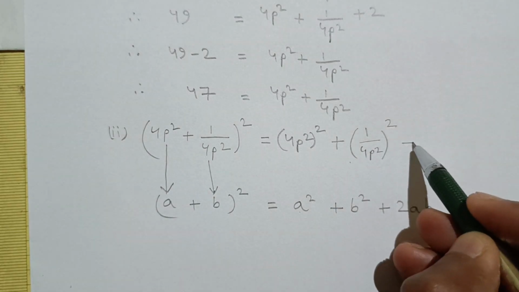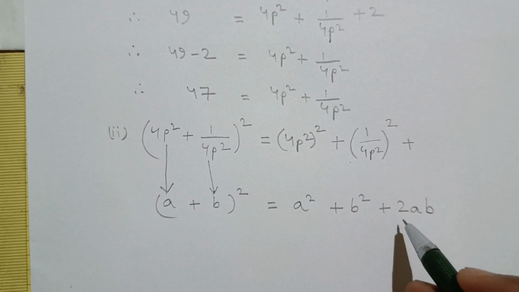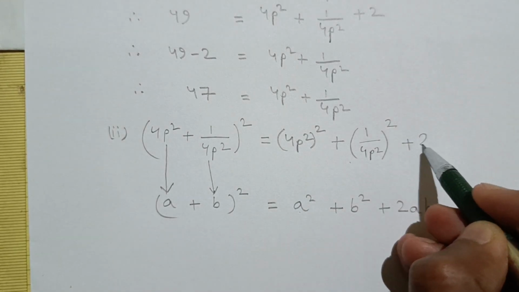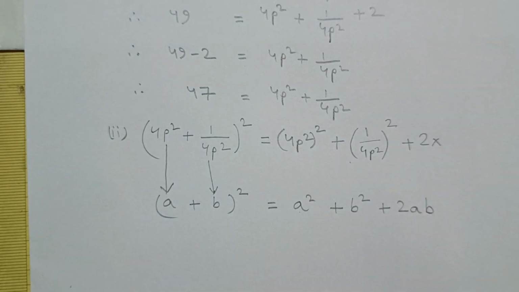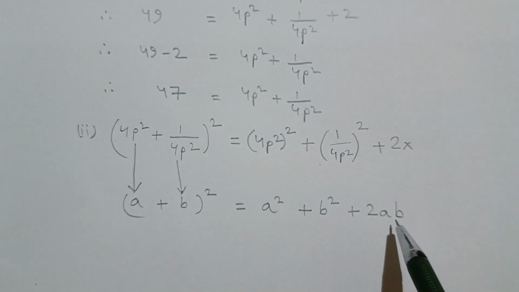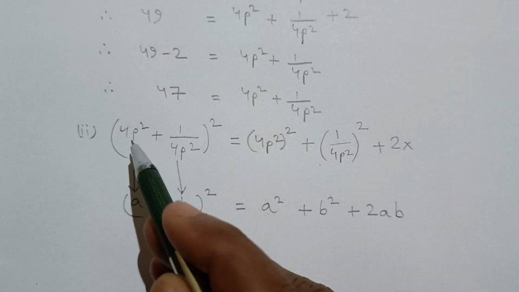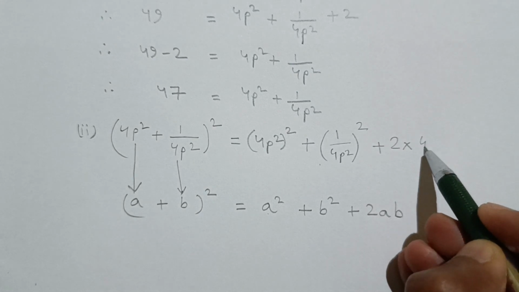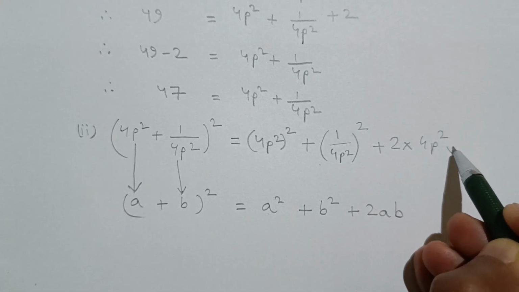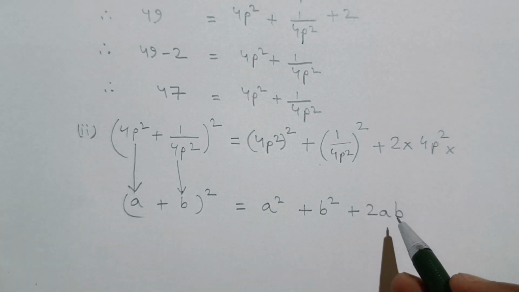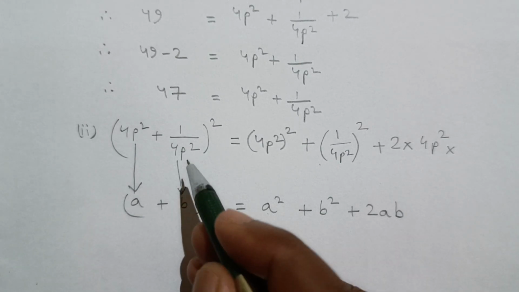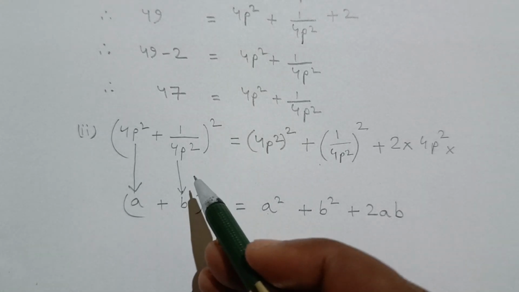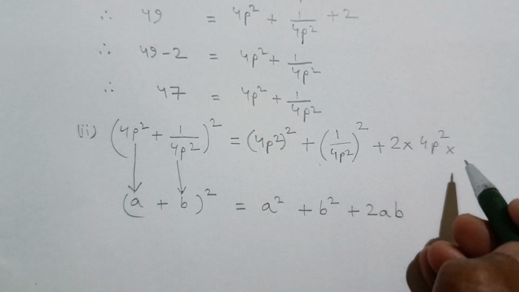Then plus 2ab. 2ab means 2 into a into b. So 2 into a, where a stands for 4p square, into b, where b stands for 1 upon 4p square.